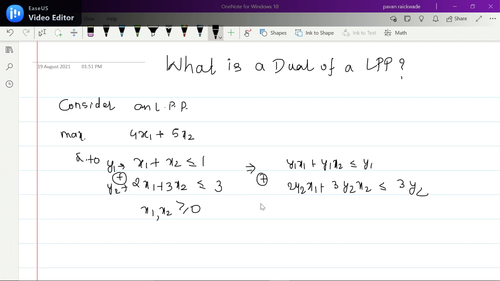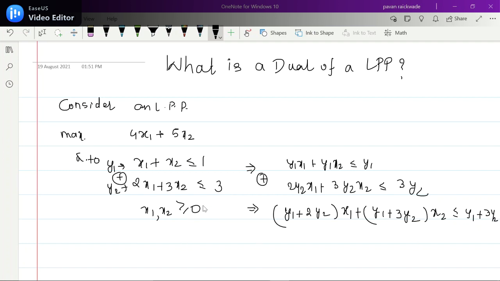If I add these two, I get (y1 plus 2y2) x1 plus (y1 plus 3y2) x2 less equal y1 plus 3y2, right?